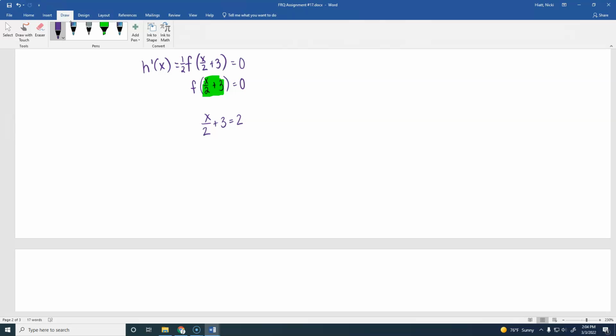So if I subtract the 3, I've got x over 2 equals negative 1, and I can multiply both sides by 2. And so x equals negative 2. And that is going to be a critical point.